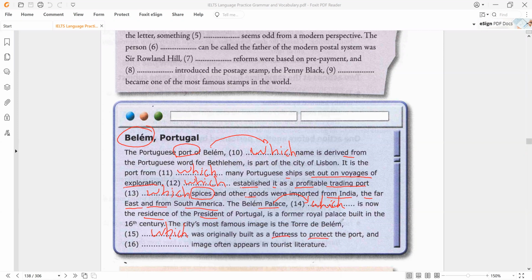What does it mean? It is now a residence of the president. What's a residence? It's the place where the president lives. A fortress. What is a fortress?